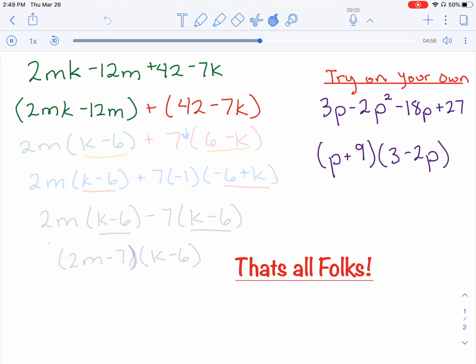And from here, the greatest common factor out of the first set of terms, I can pull out a 2 and an m. And so inside I'm left with a k minus 6. And in the second binomial, I can pull out a 7. And what I'm left with is 6 minus k.